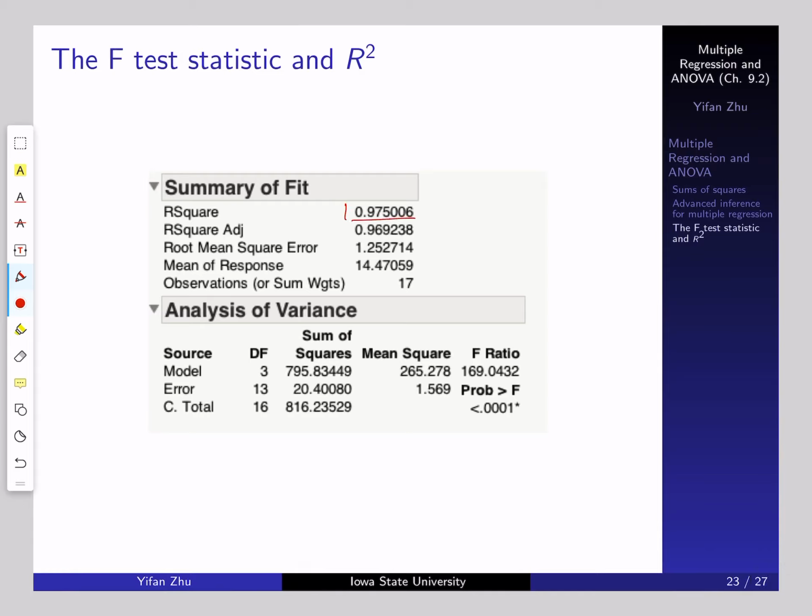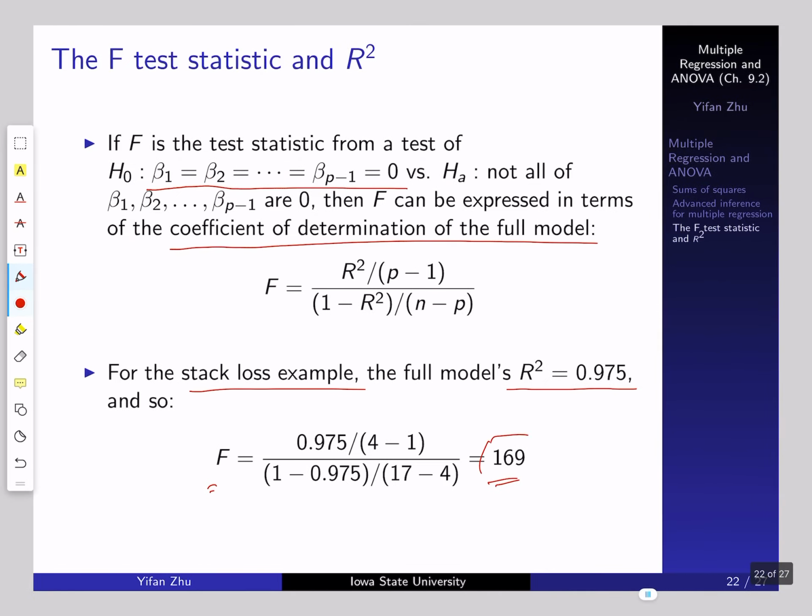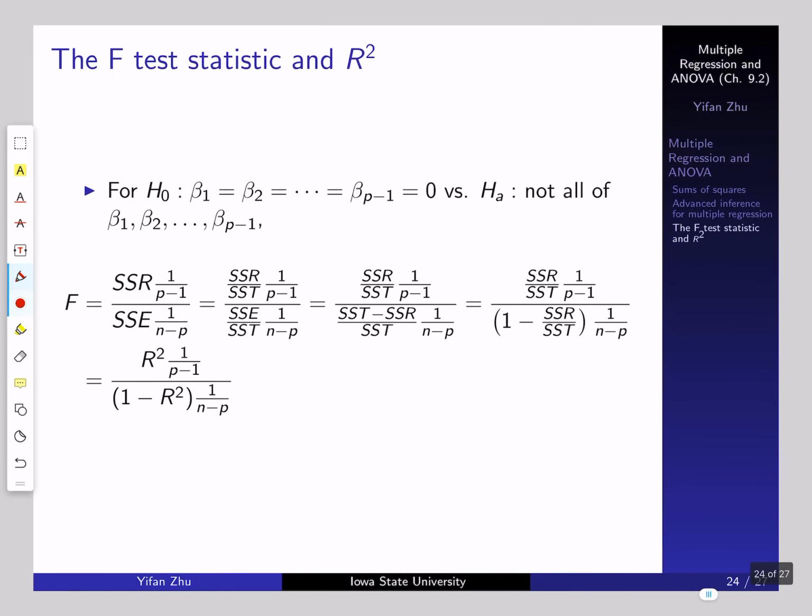Okay, so this is the JMP output. You have 0.975, and the F is 169, which agrees with the one calculated from R squared. So here is a derivation of the relationship.